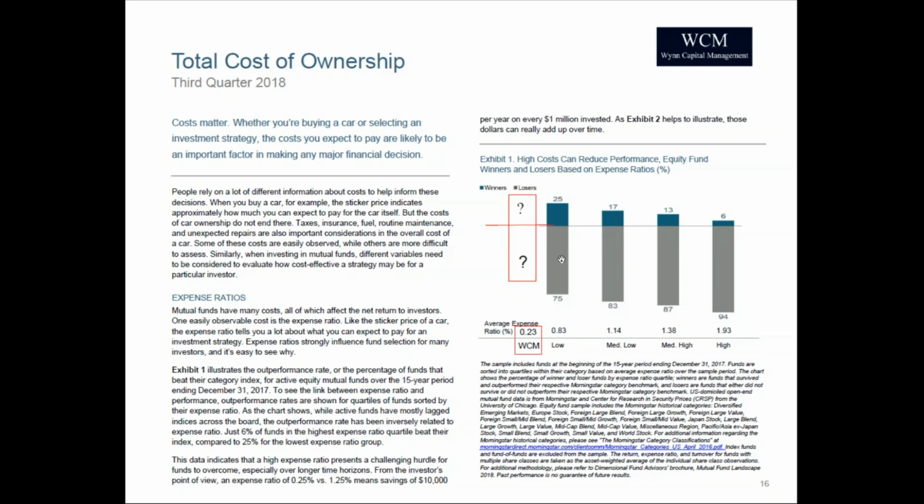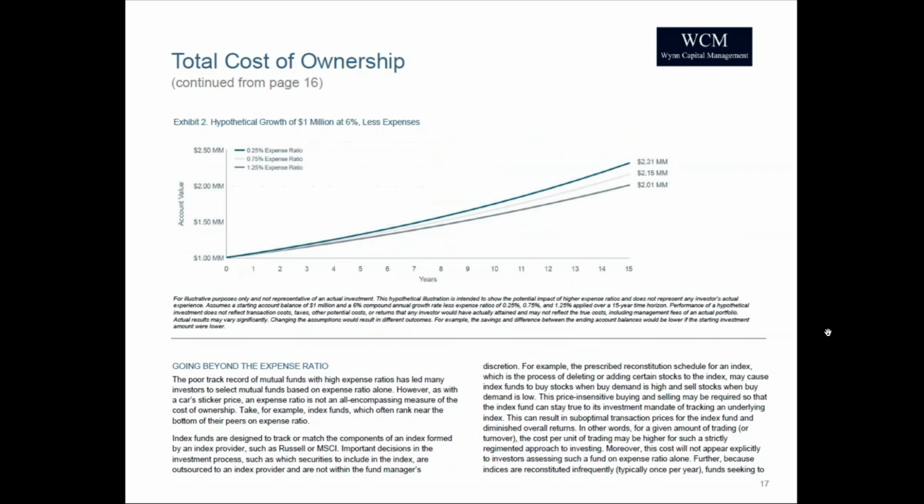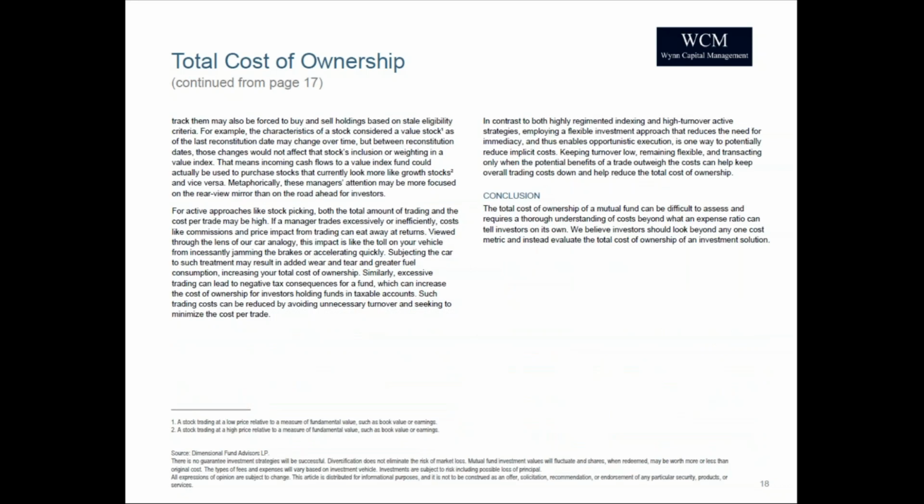So they didn't extrapolate what the performance was, but you could pretty much guess that if you have a diversified portfolio and you invest in a proper way, your performance is going to be the benchmark minus your expenses. And so the highest correlating factor is the cost of investing. So this goes on for several pages, and I hope you read it. They're usually very helpful, and these are well-researched papers.